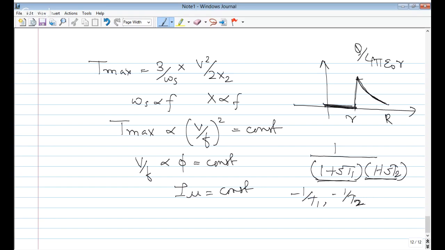So what happens is the flux that will be developed. Flux is basically the integral of voltage. 1:1 turns ratio. Output on secondary side.